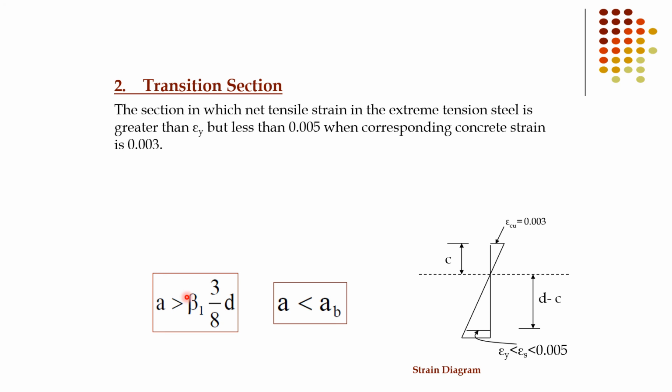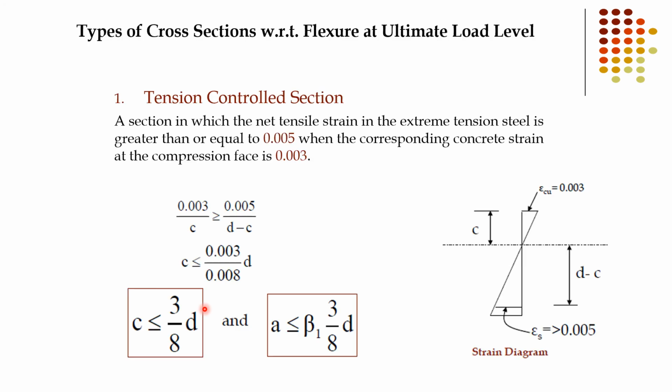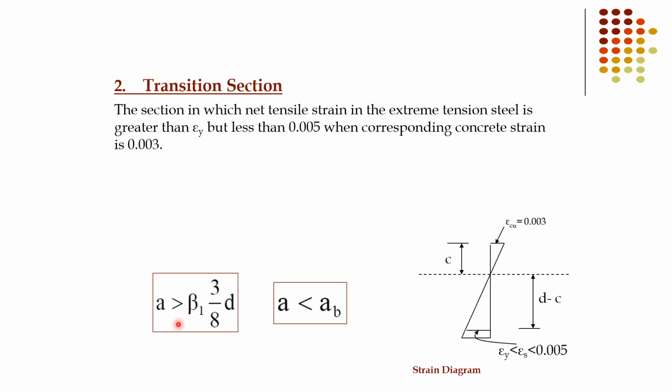Here, if your value of A is less than this, then you have a tension control section. If your value of A is greater than tension control but less than A balance, then you will have a transition section.